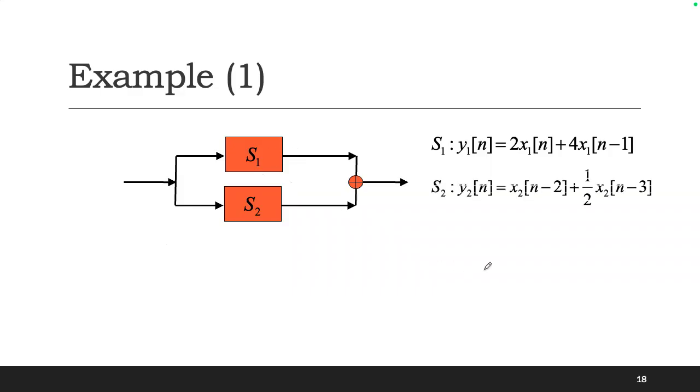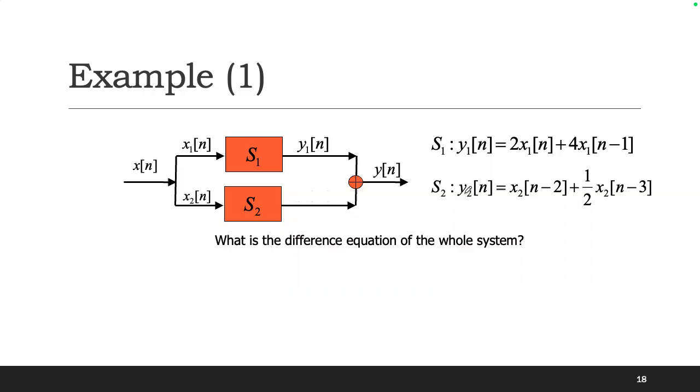And then for S2, x2 is the input for S2, and y2 is the output for S2. So what is the difference? Okay, wait for a moment. Oh, sorry, I should show this. Yeah. And what's the difference equation of the whole system?